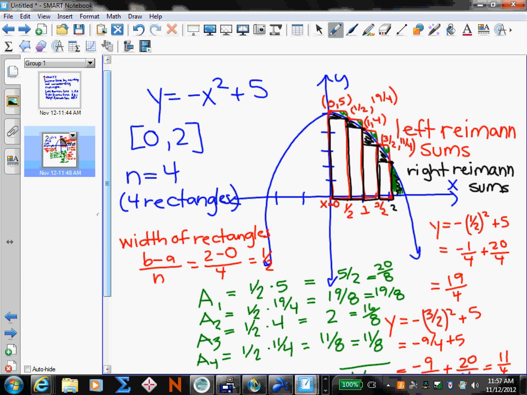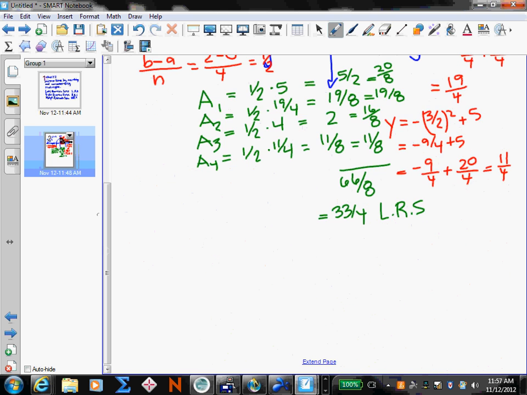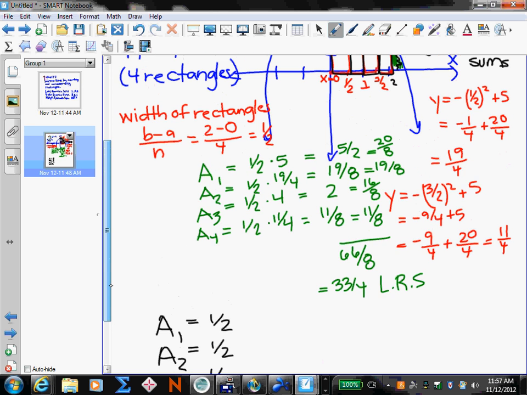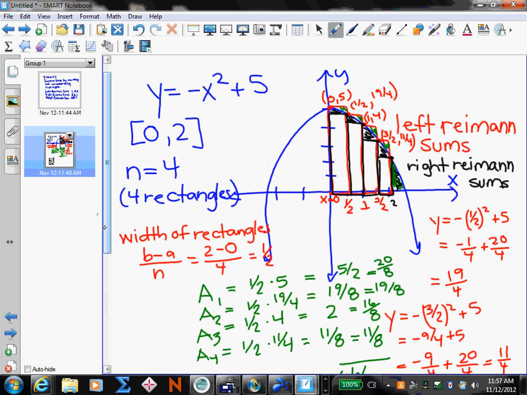Now let's do the areas and compare the different ones. So I have area 1, area 2, area 3, and area 4. Again, all of my widths are a half, but my heights are going to be a little bit different than they were last time. Not a lot different, just a little different. This first rectangle, the point that I'm going to use is the right-hand corner of my rectangle.